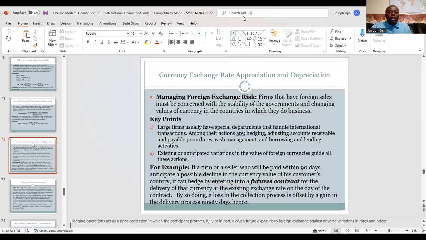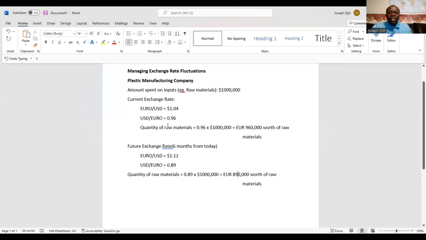So let me give you an example. The company might say, okay, even if I come back next time and the exchange rate has gone up to 112 cents, because they hedged their currency against this fluctuation, it's okay. Even though the money has appreciated, the bank will give them the old rate.